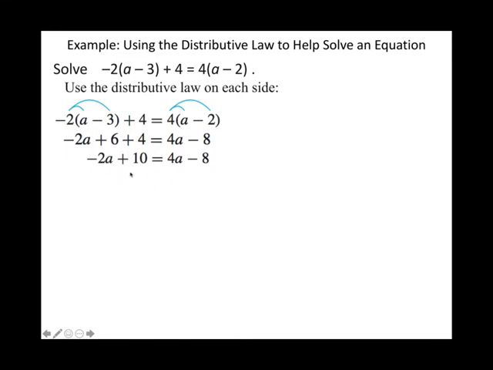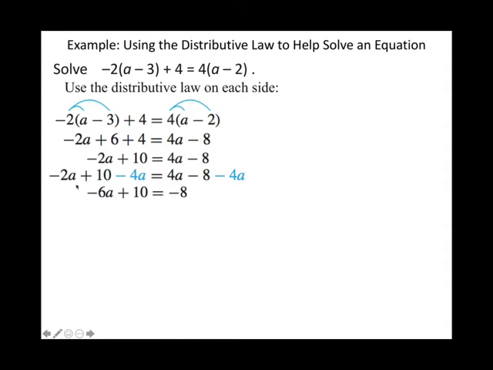So here I'm going to subtract 4a from both sides. You can see -2a minus 4a is going to be -6a, plus 10. And here, 4a minus 4a, you're going to cancel out, so I'm only left with the -8.